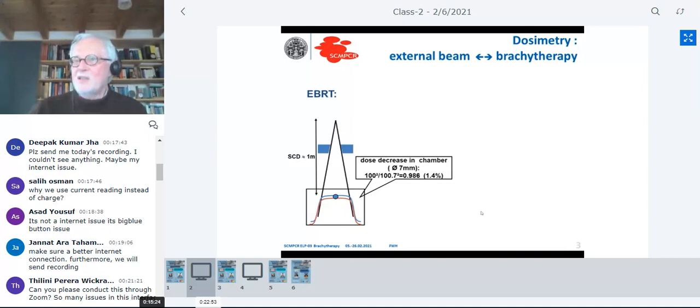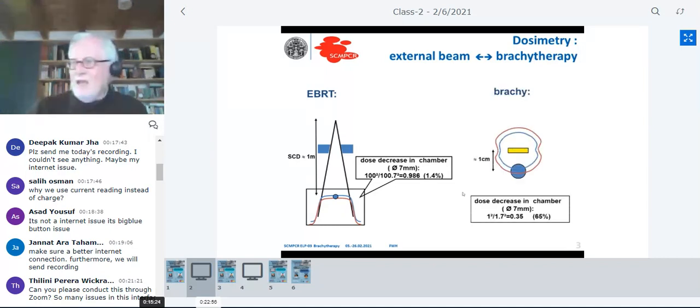In brachytherapy, the whole thing is more difficult. We are now at a distance of about 1 centimeter from the source, and so the dose decrease generated only by the inverse square law from the chamber entrance to the chamber exit is something like 65%. Let's see, I just want to go over here because I don't see the session anymore. Yes, here we are.